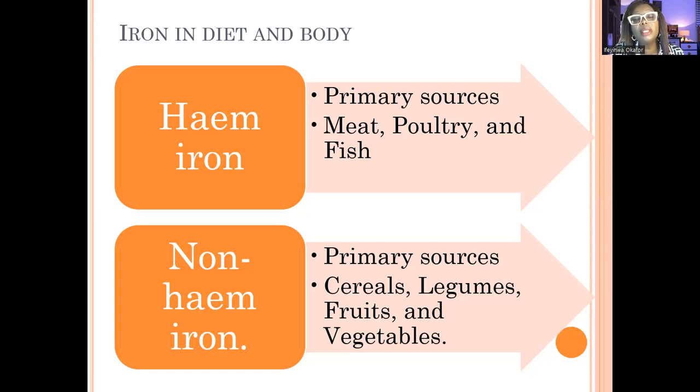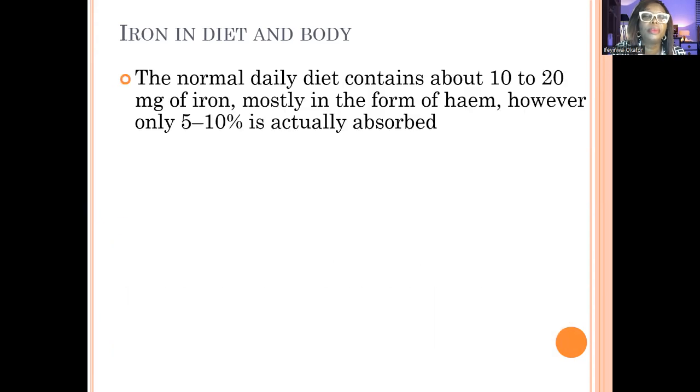When we consume these things, cereals, legumes, fruits, and vegetables, as part of our daily diet, we get non-heme iron from them. When we consume meat, poultry products, and fish, we have iron in form of hemoglobin and myoglobin from these products, heme iron as part of our daily meal.